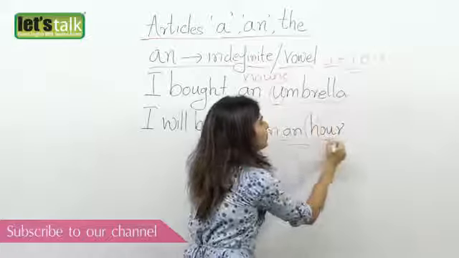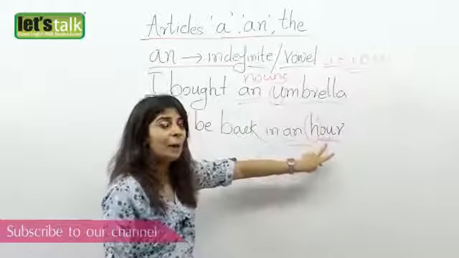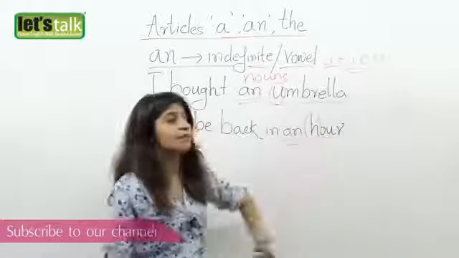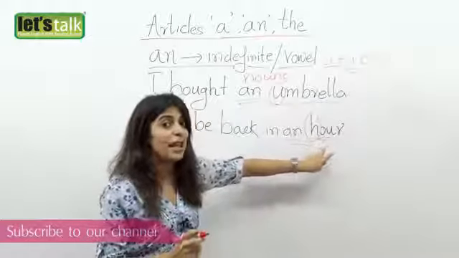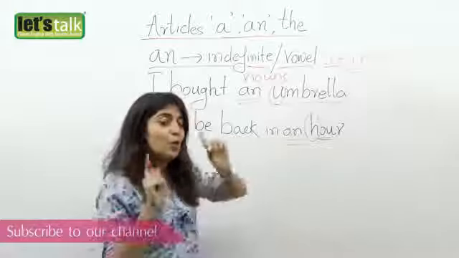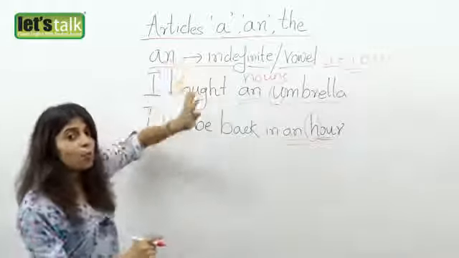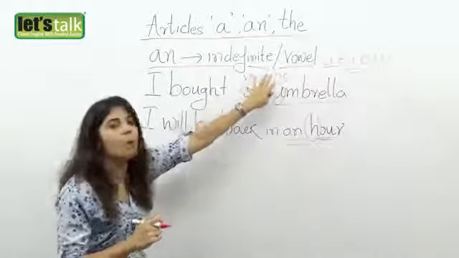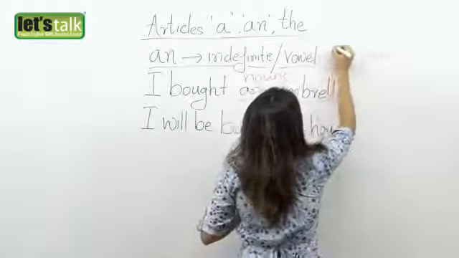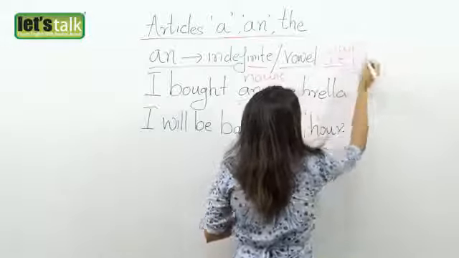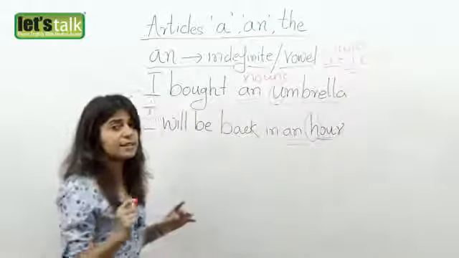Here, well, you would say that's not a vowel. However, it is pronounced as hour, right? The H is silent here, so that becomes your vowel sound. So always remember that an would come before a vowel or a vowel sound. Okay, so here, another sentence if you want.